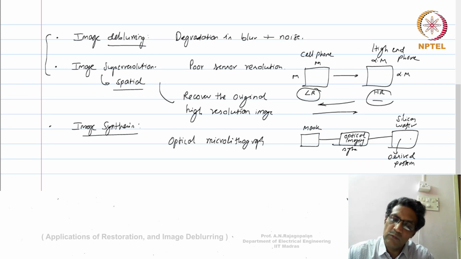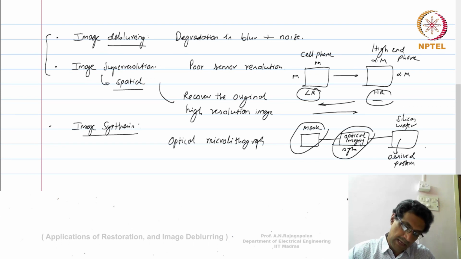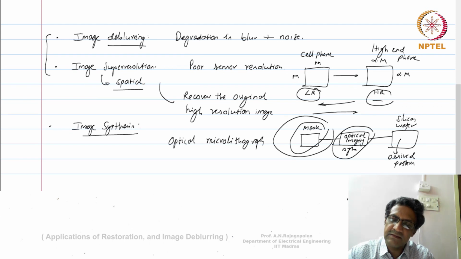But you would not know the mask, which is what I should be solving for, such that when it is passed through an optical imaging system, whose characteristics I might know, I would see this desired pattern. In a sense, this is called the synthesis problem.